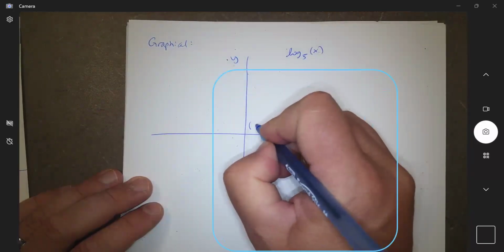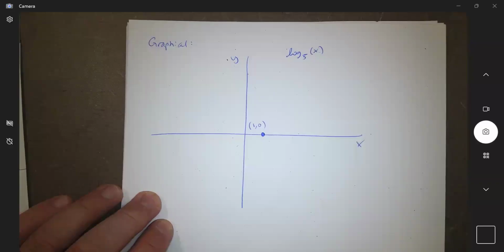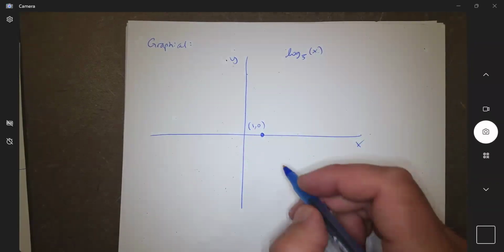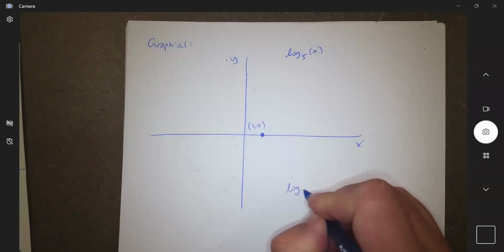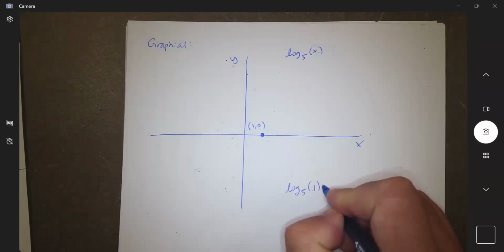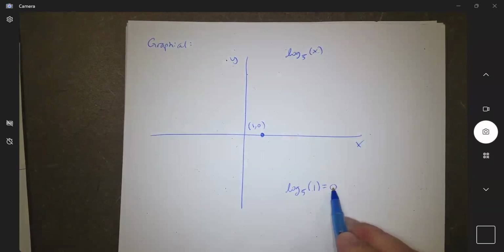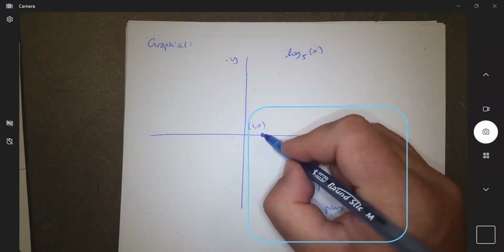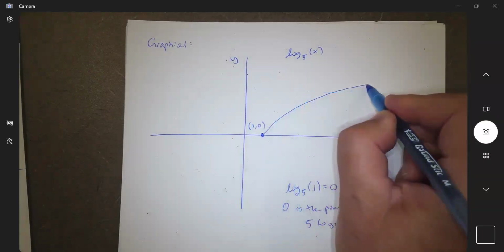Every log function goes to the point 1 comma 0, because log base 5 of 1 equals 0. 0 is the power that goes on 5 to give you 1. And then logs come out like this.